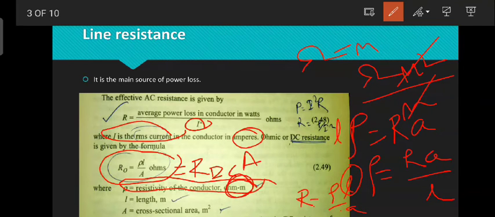So the unit is ohm meter. I think it is clear to you.